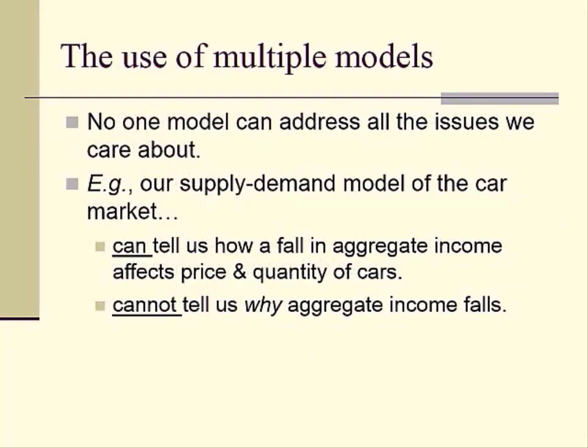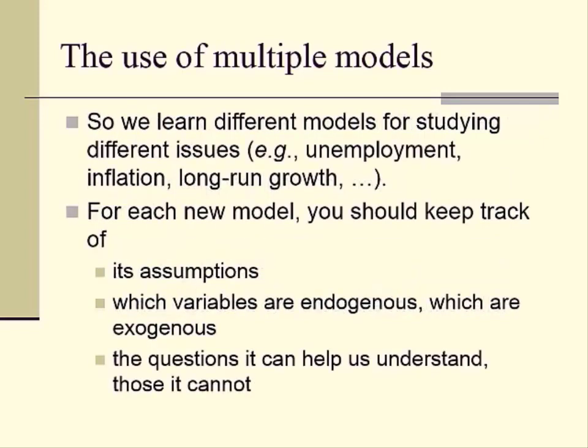Now, in real life, no one model can address all the issues we care about. For example, our supply and demand model of the car market can tell us how a fall in aggregate income affects price and quantity of cars. However, it cannot tell us why aggregate income falls. So we learn different models for studying different issues.